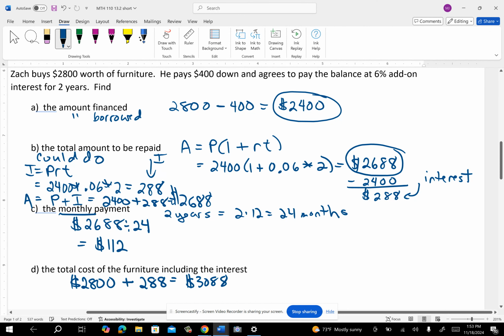Okay. The other way to think about it is the total amount I repaid was the $2,688, but didn't I already pay $400 in my down payment? So I've already paid $400 towards the cost of the furniture. So that also would give me the $3,088.